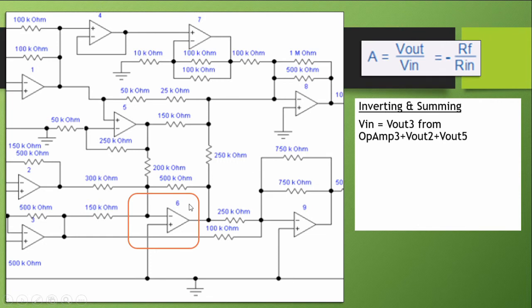V in is V out 3 from op amp 3. So we have 3 inputs: from op amp 3, and then from op amp 2, and then from op amp 5. So 1, 2, 3.